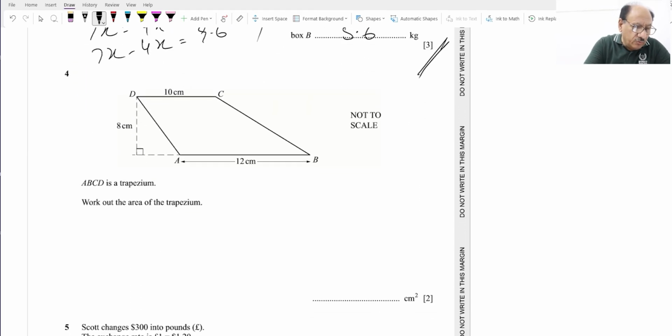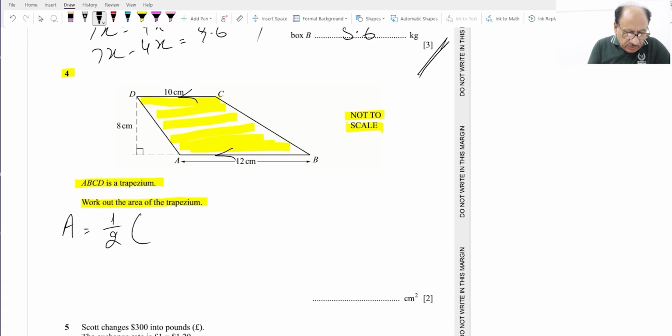Now question number 4 says diagram is not to scale. ABCD is a trapezium. Work out the area of the trapezium. For the area of the trapezium, first we need to identify the two parallel sides. These two are the parallel sides. The area of a trapezium formula is half into a plus b into h.